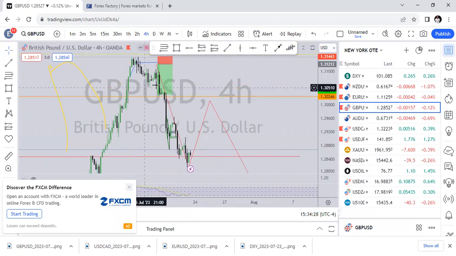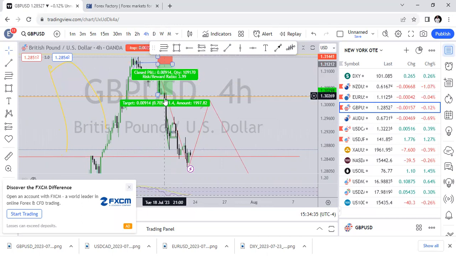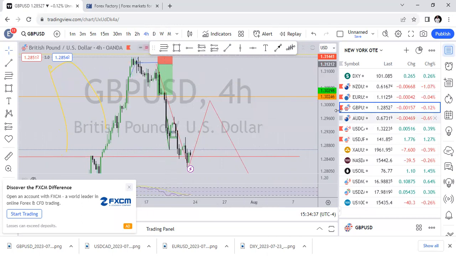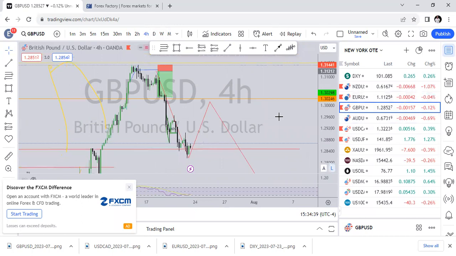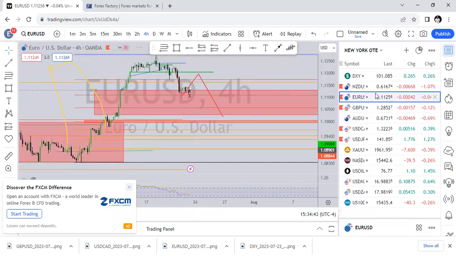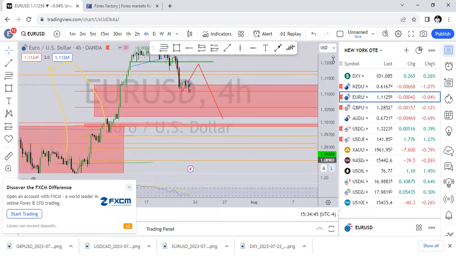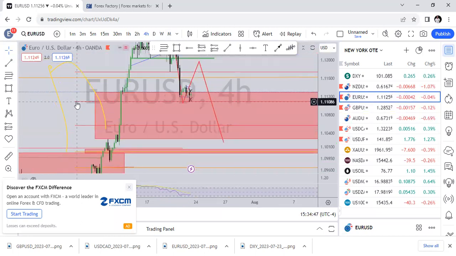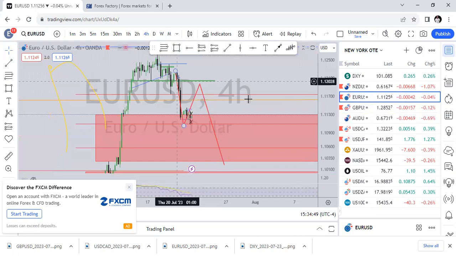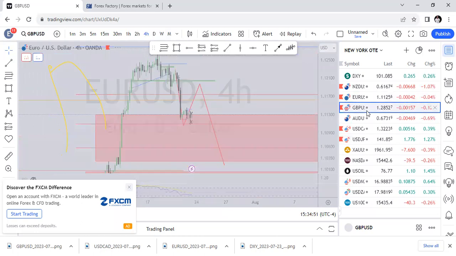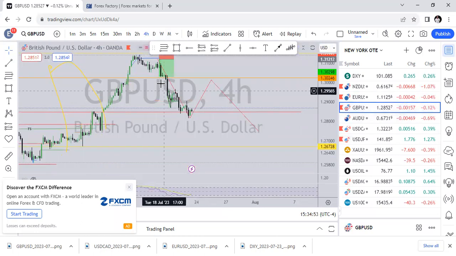They were together at this point before GBP had a high impact news that drove it lower. When I saw that, I knew that the next thing that was going to happen was that EU was going to follow suit. They were all together here before that high impact news happened.